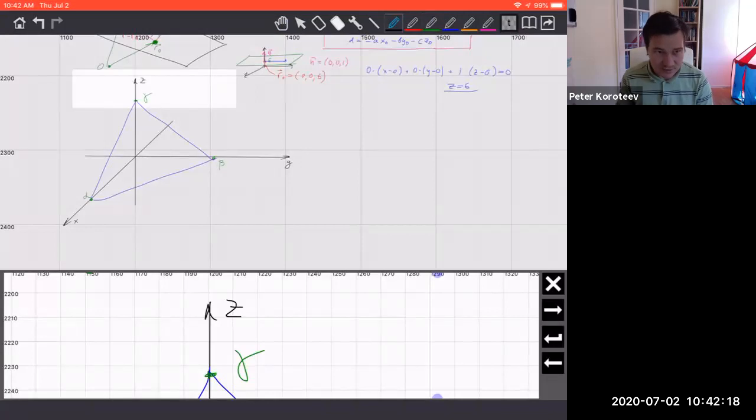Our task is to find the equation for this plane.